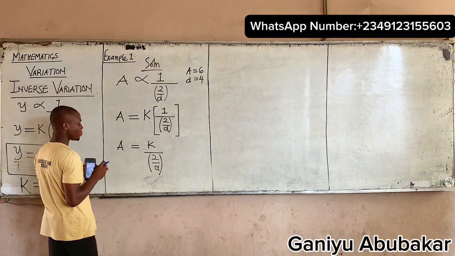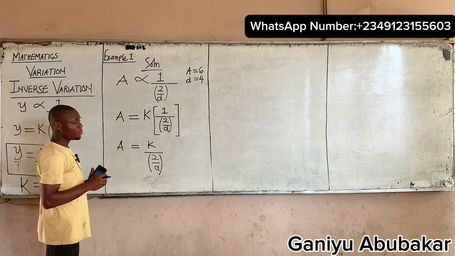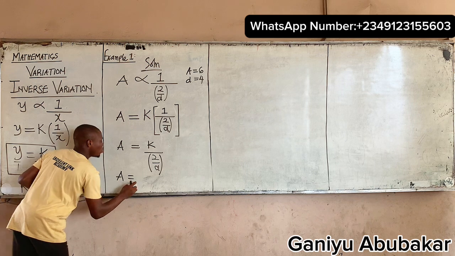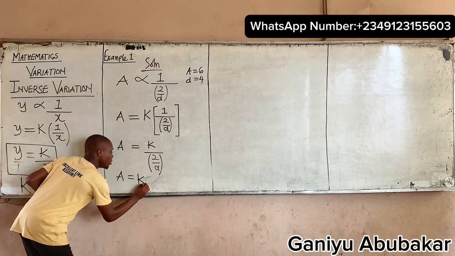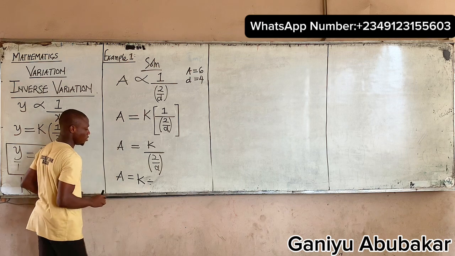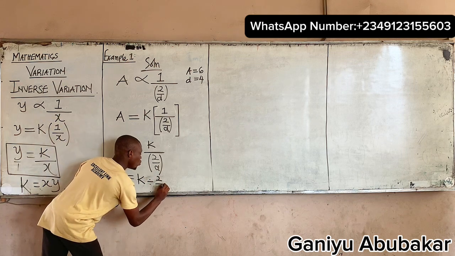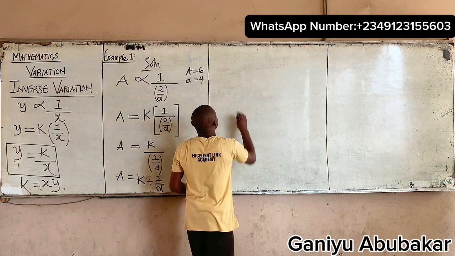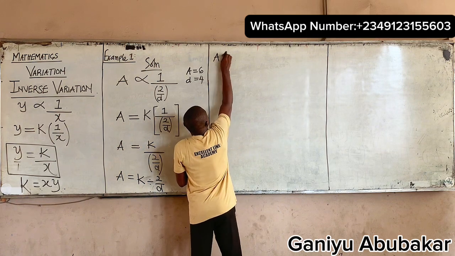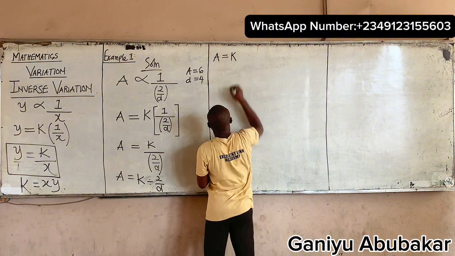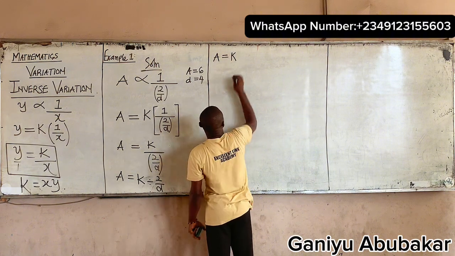To break this down, I'll have that A is equal to k. This symbol here signifies division. I have 2 over d. If I still break this down, A is equal to k. To change division to times, what's the concept?